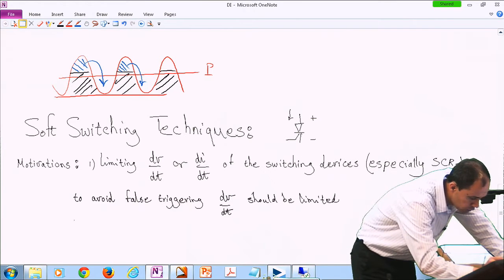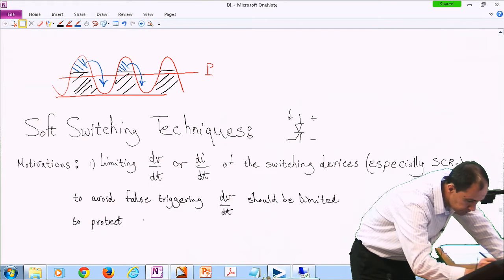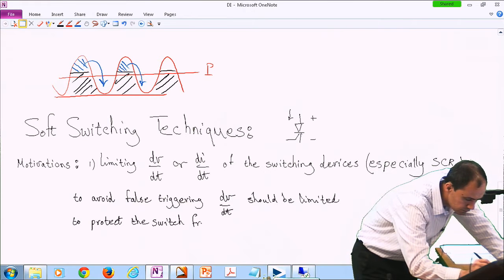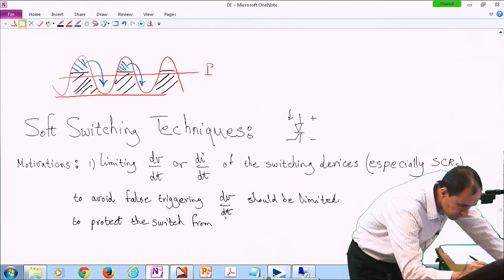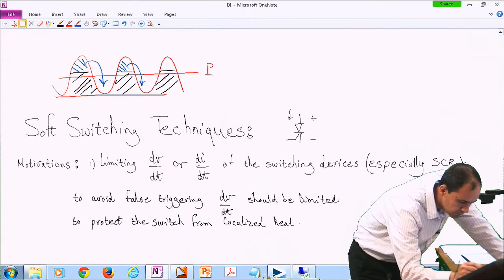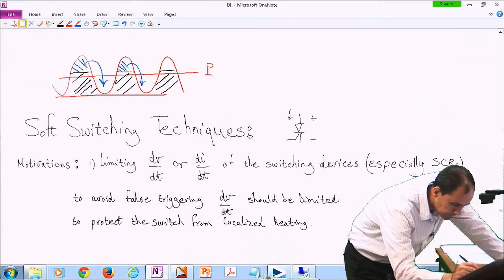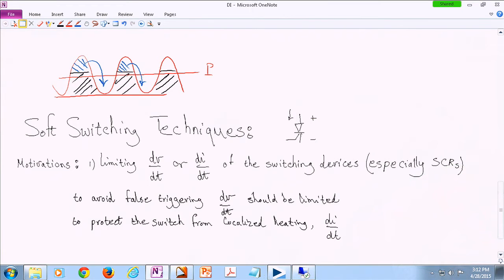Also, to protect the device, di over dt should be limited. This is specifically during turn on.